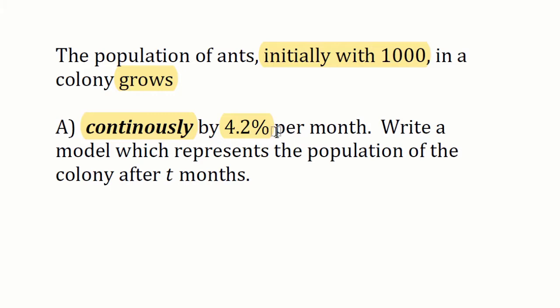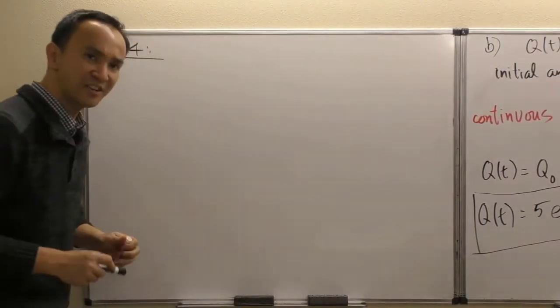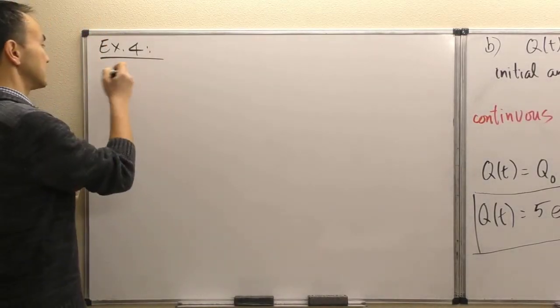And now this word per month right here is indicating that this is our default time period. But in this particular kind of problem, since the population is growing continuously anyway, we don't really need to pay too much attention to that term per month. But now we have enough information to write it down and to start sketching down the problem.